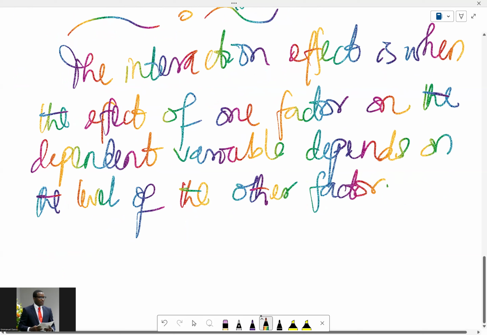So the interaction effect is when the effect of one factor on the dependent variable depends on the level of the other factor.